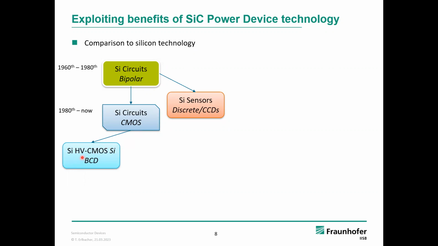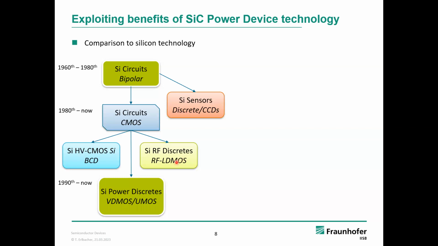Out of that, high voltage devices, BCD processes or power discretes, and also the RF LDMOS high frequency transistors for power in the information transmission, GSM, for instance, were introduced. And then also silicon discrete power devices like the VDMOS and the trench MOS, and then superjunction devices.